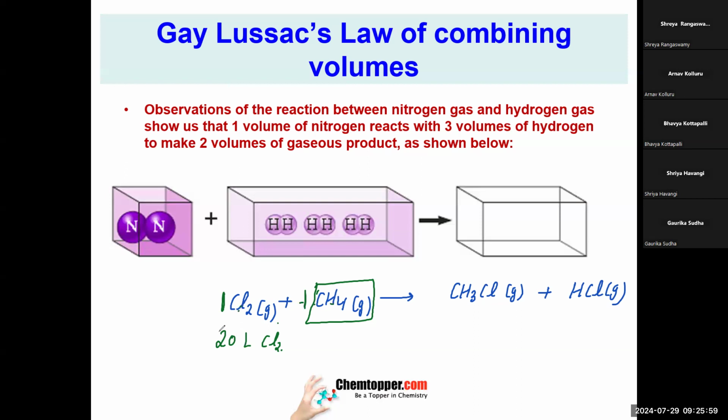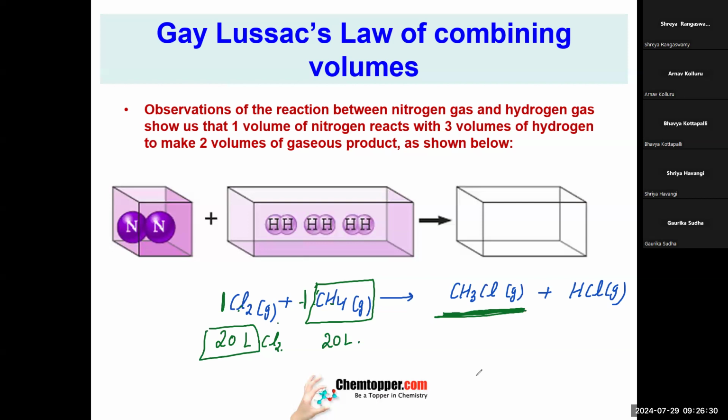If I say Cl2 volume is 20 liters, then exactly the same volume is needed for methane. Now, can you tell me how many liters of CH3Cl will form? If I take 20 liters of Cl2, how many liters of CH3Cl will form?